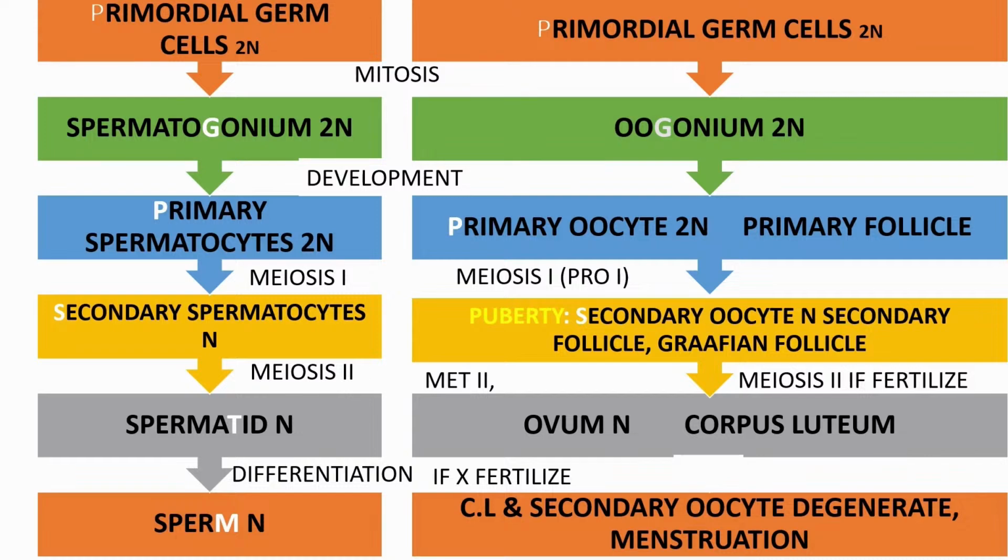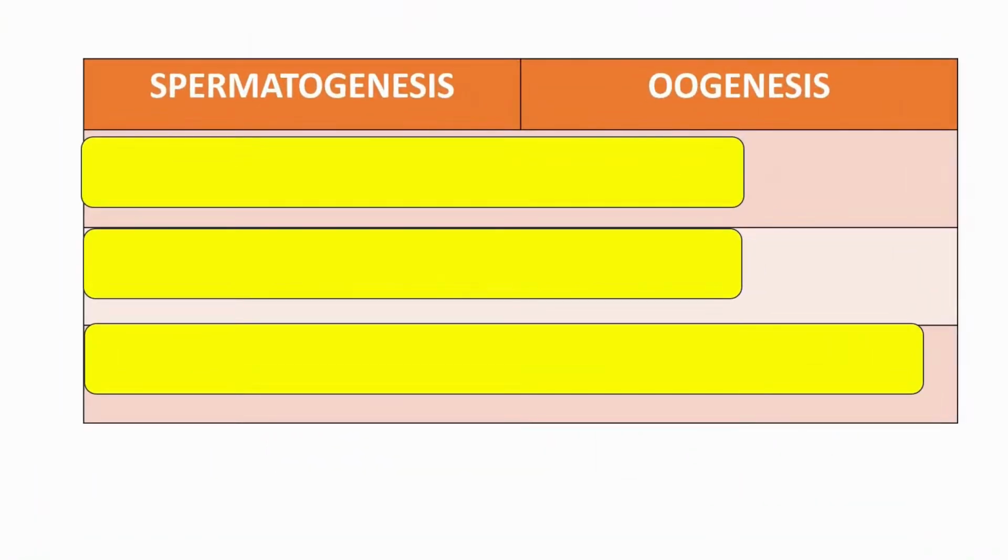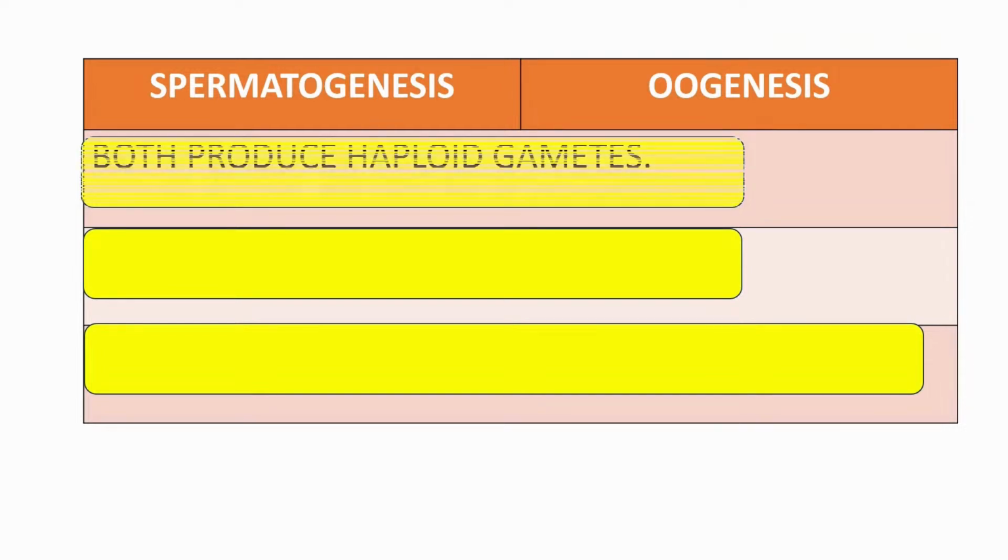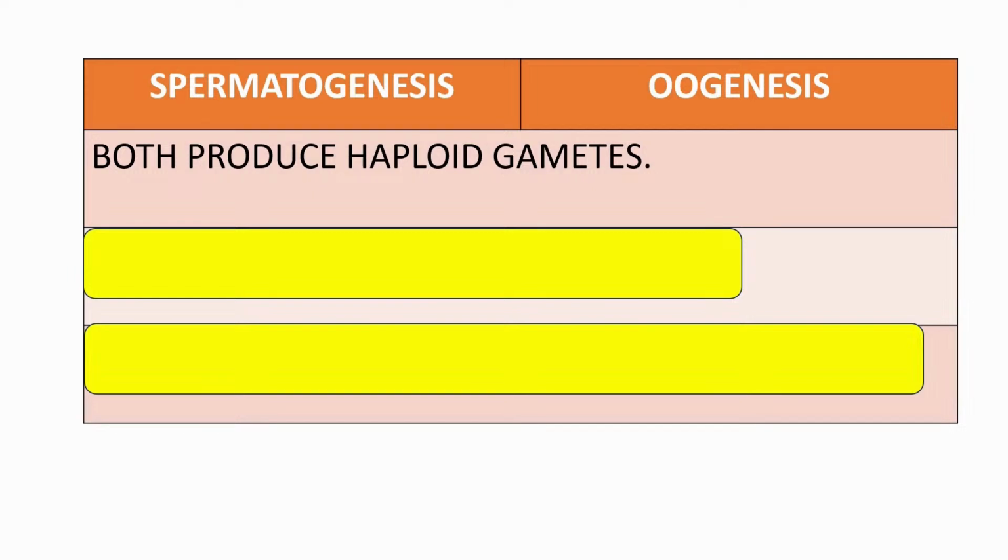Okay. So now, let's compare spermatogenesis and oogenesis. Both of these are gametogenesis. Both spermatogenesis and oogenesis produce haploid gametes. So how do you produce haploid?